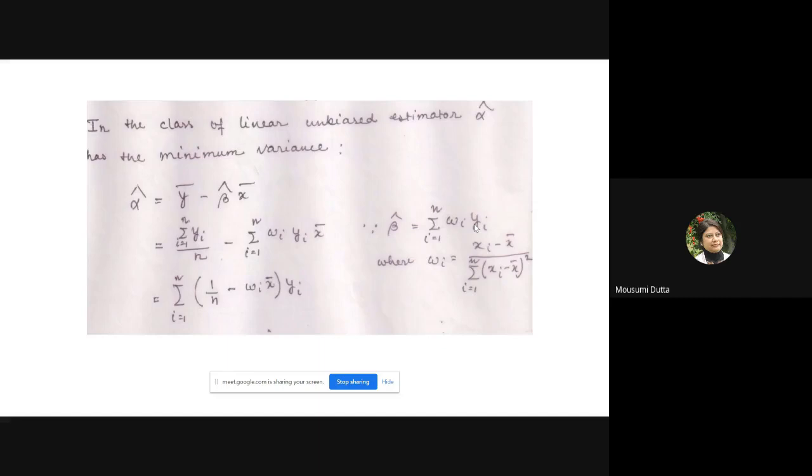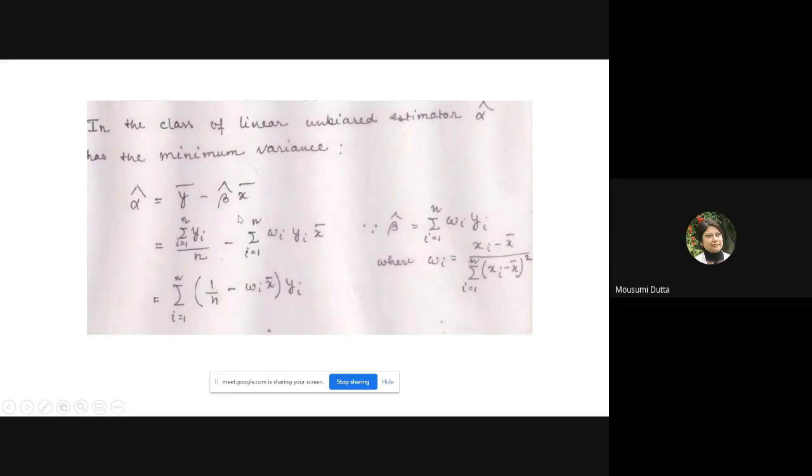And please consider all y as capital Y and all x as capital X. So alpha hat is equal to Y bar minus beta hat X bar. Y bar you can write summation Yi by n. And beta hat I'm replacing by summation wi Yi. Already you did all these things. Beta hat is linear in Yi, so beta hat OLS is equal to summation wi Yi.